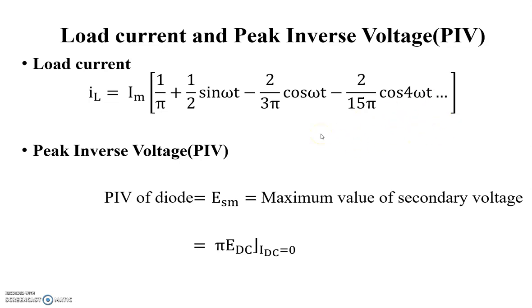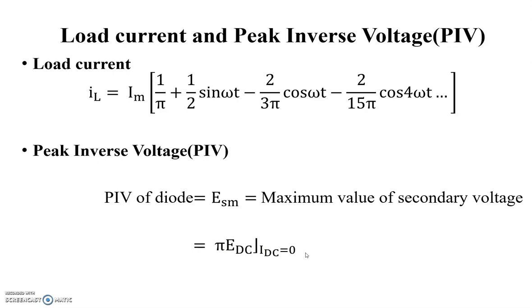Next one, PIV, peak inverse voltage. It is the peak voltage across the device in the reverse bias condition. In this case, the load current ideally is 0. Then the diode is reverse biased, and hence the maximum value of voltage that can exist across the diode is nothing but ESM, which is equal to pi into EDC at IDC equal to 0.